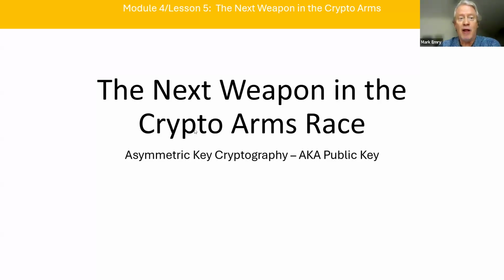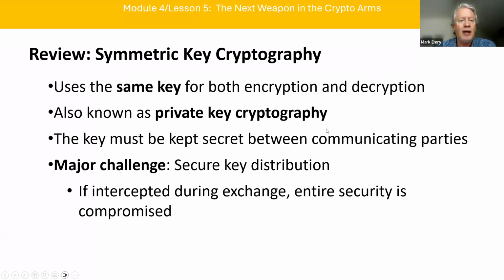Our next lecture, the next weapon in the crypto arms race, asymmetric key cryptography, aka public key. As we know from the last lesson, symmetric key cryptography uses the same key for both encryption and decryption. And we also know that the key must be kept secret between the communicating parties.